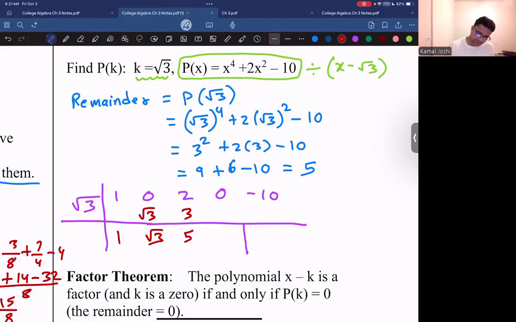Okay. 5 times root 3 is 5 root 3. 0 plus 5 root 3 is 5 root 3. And if you multiply root 3 with 5 root 3, then root 3 times root 3 is 3. So 5 times 3, 15. And if you add them up, you get remainder 5. Okay, which is what we also got already.